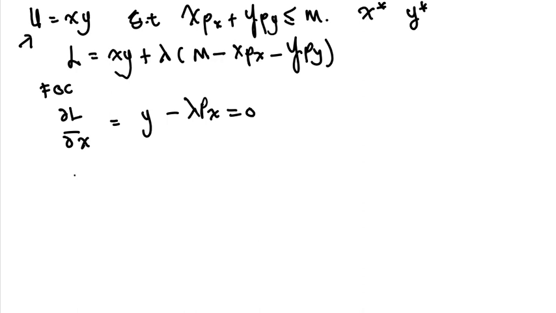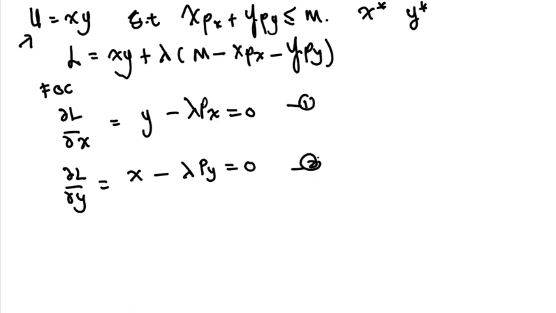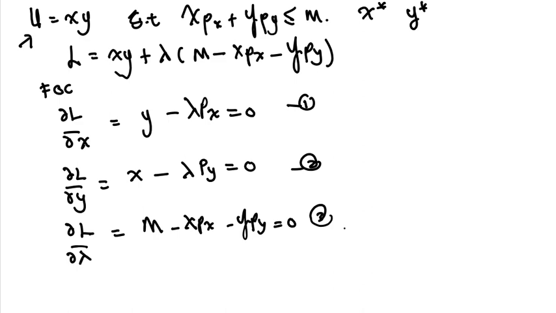We do the same for y, then we get x minus lambda py equals 0. This is 1, this is 2. Then we do the same for the last one, which is lambda, and we have m minus x px minus y py equals 0. We call this 3.